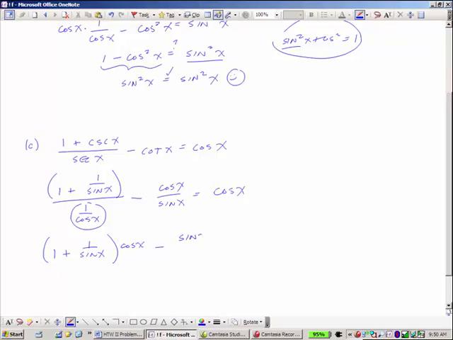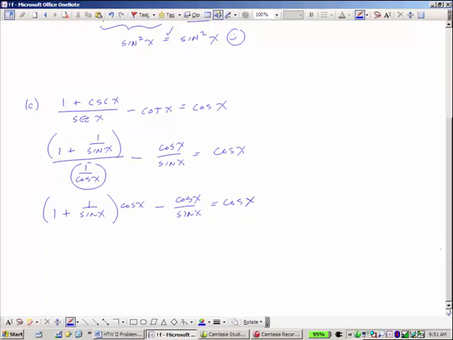And let's hope that something nice happens, or something nicer happens. Okay, so I have to distribute. I get cosine x plus cosine x over sine x minus cosine x over sine x is equal to cosine x.